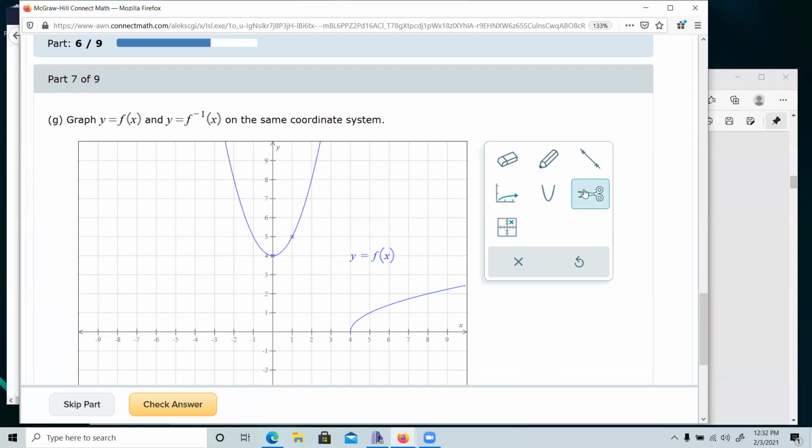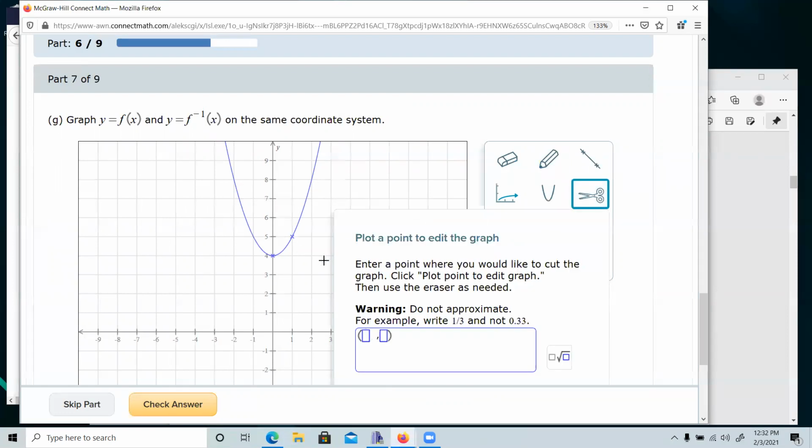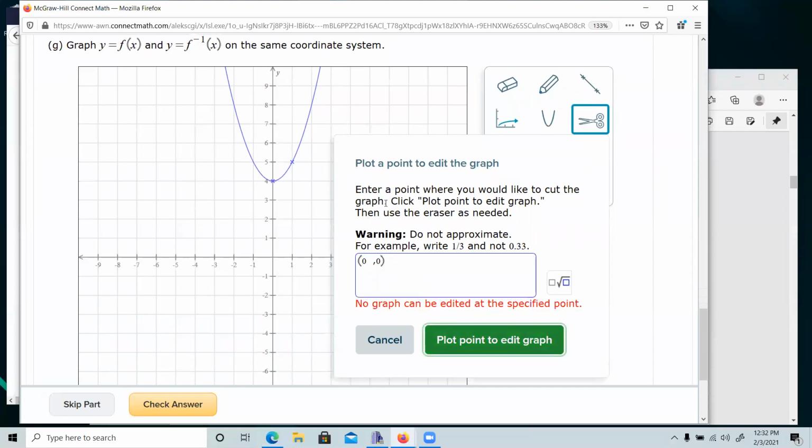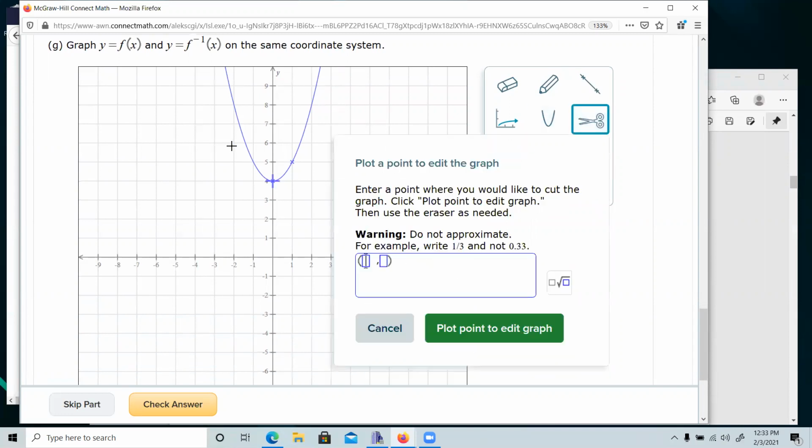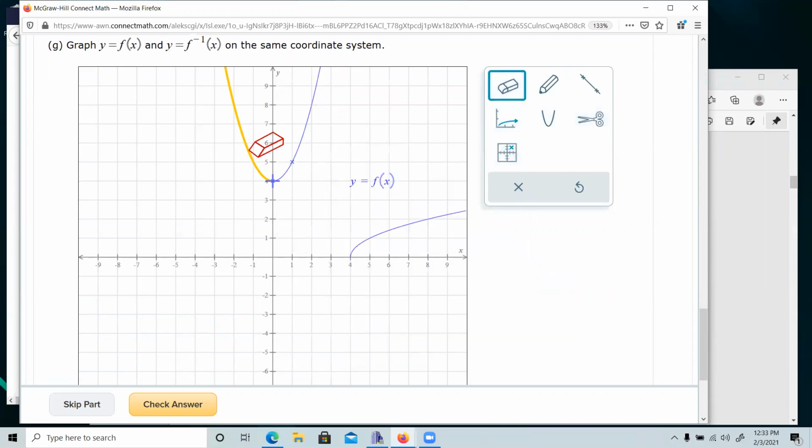Now we're going to snip, and we are going to cut this thing at 0, 4, is what I meant. And we are going to erase that side of it. And that is going to be our graph.